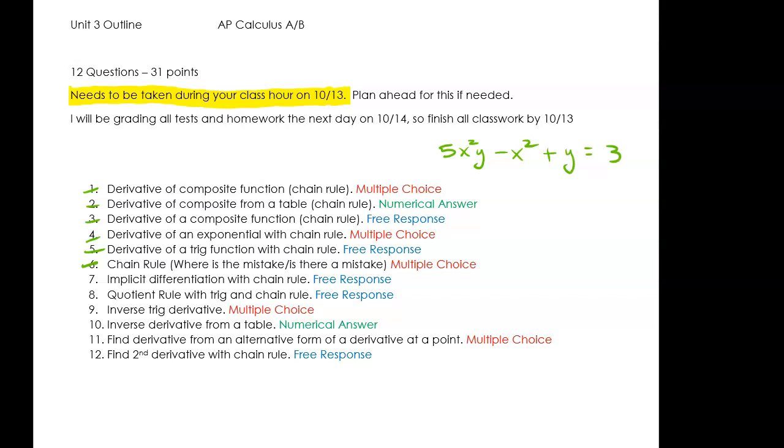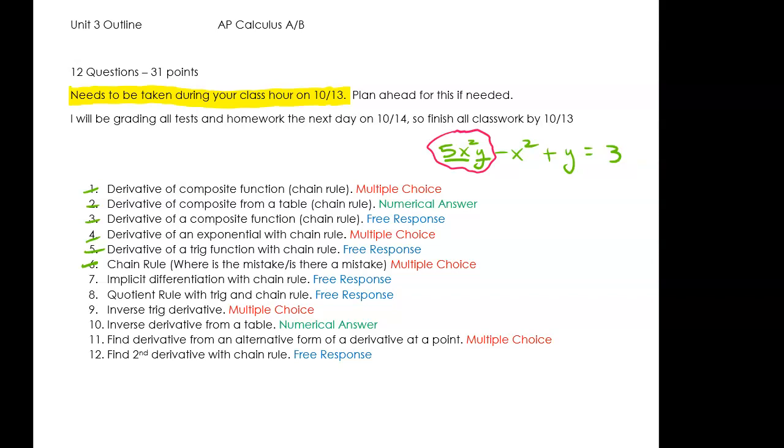So this was implicit differentiation with chain rule. Although this one wasn't really a chain rule, I guess, but whatever. The hardest part of this question is the first term. This is where I got most of the questions from anybody. So this first term, what you're going to do is treat it as product rule. 5x squared is f, y is g.